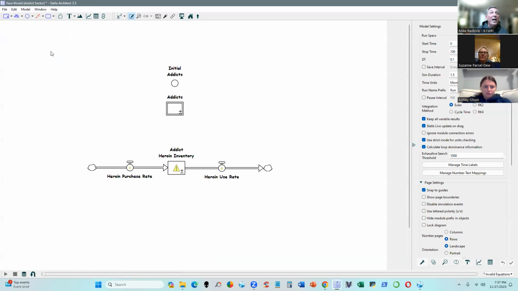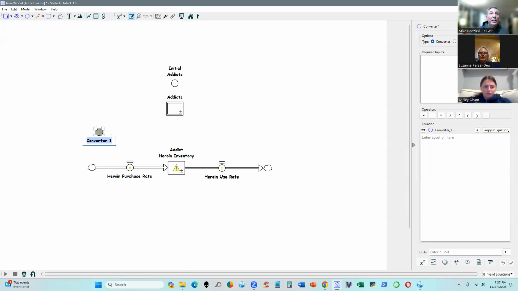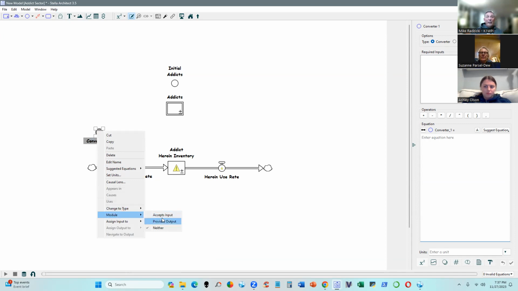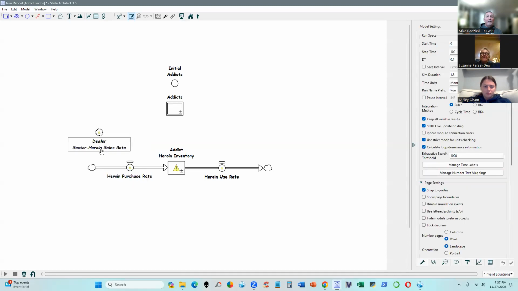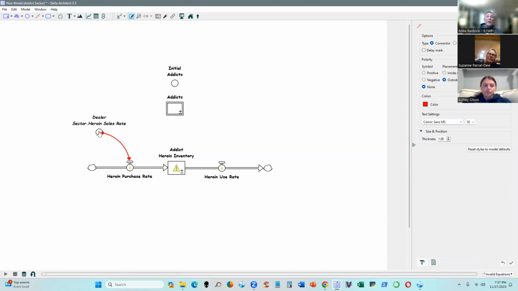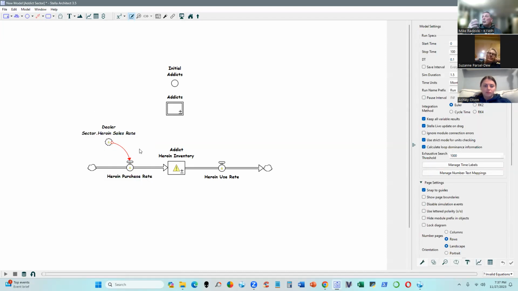Instead, what I prefer to do is I got a converter here, accepts input, converter. Oh, I see. Yeah, that's brilliant. And then it goes like so. This way, for transparency purposes, you see that the sales rate from the other sector is the purchase rate here.